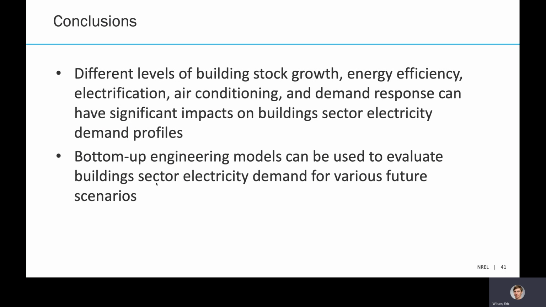And I've shown how bottom-up engineering models can be used to evaluate the building sector electricity demand with a really high level of granularity to understand how the diversity of the building stock responds to these different scenarios, and how that can therefore inform decisions made both about building sector policies and technologies, as well as on the power sector side.